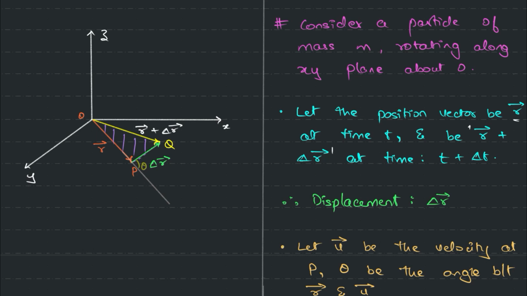So let me make it clear with this actually. So basically you'll end up with this. So you have r, I'm extending r, I'll do that later. Then you have delta r, and then you have your extended line over here.